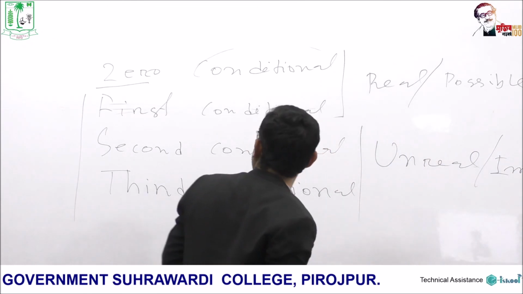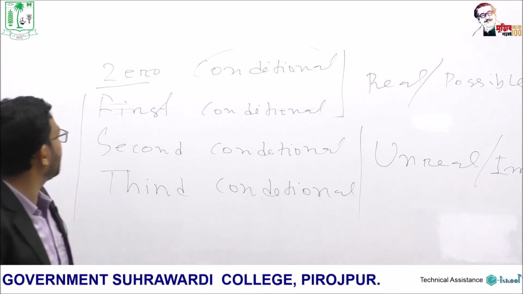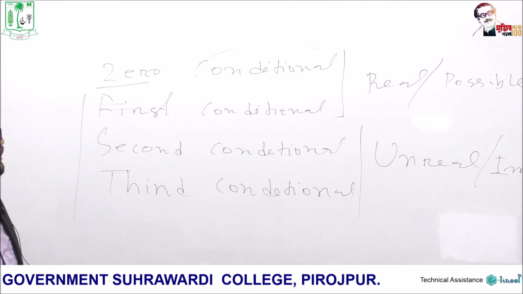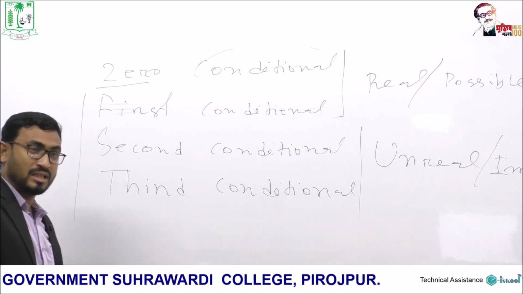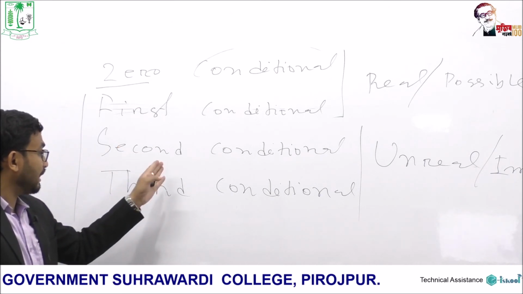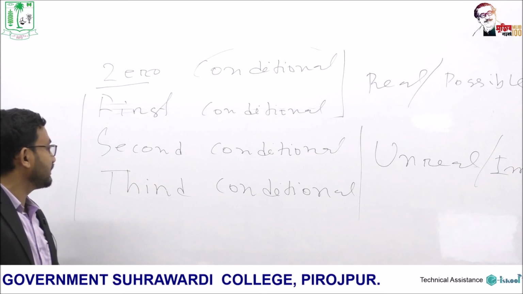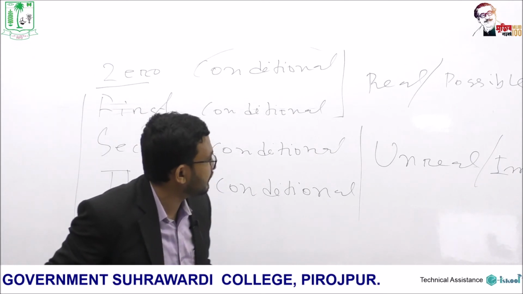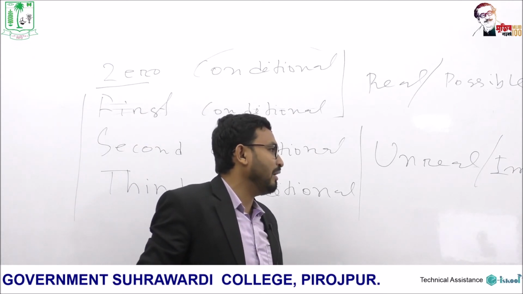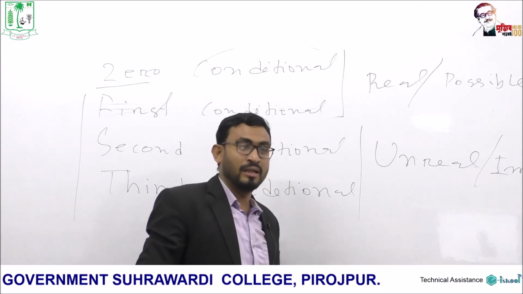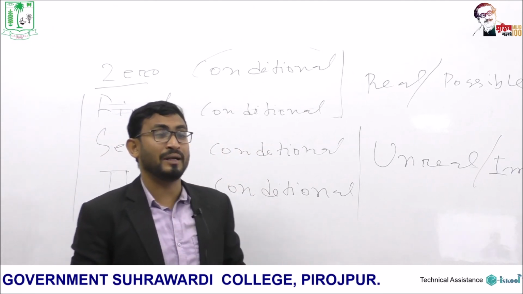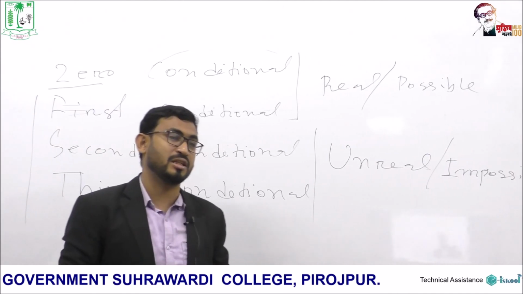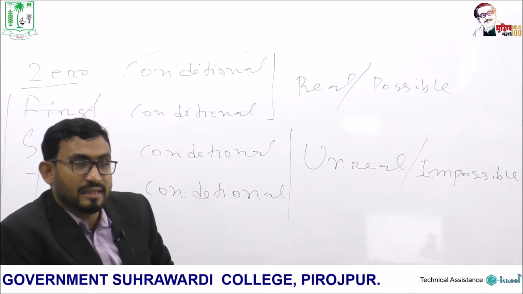The first two kinds, zero conditional and first conditional, are often called real or possible conditional sentences, and the other two kinds, second conditional and third conditional, are often called unreal or impossible conditional sentences. So perhaps you have at least understood different kinds of conditionals and what a conditional sentence is.